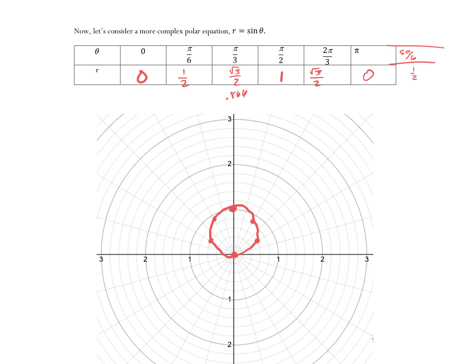Let's go ahead and do x min negative 2, y min negative 2, y max positive 2. How do you do auto on the theta step?